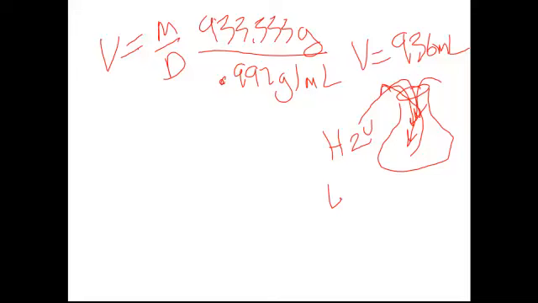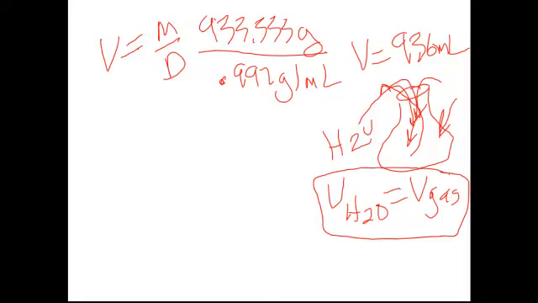So if we know the volume of the water, the volume of water is also going to equal the volume of the gas, since they were both in the same flask. And really, that's the key to understanding this problem: those two volumes have to equal each other.